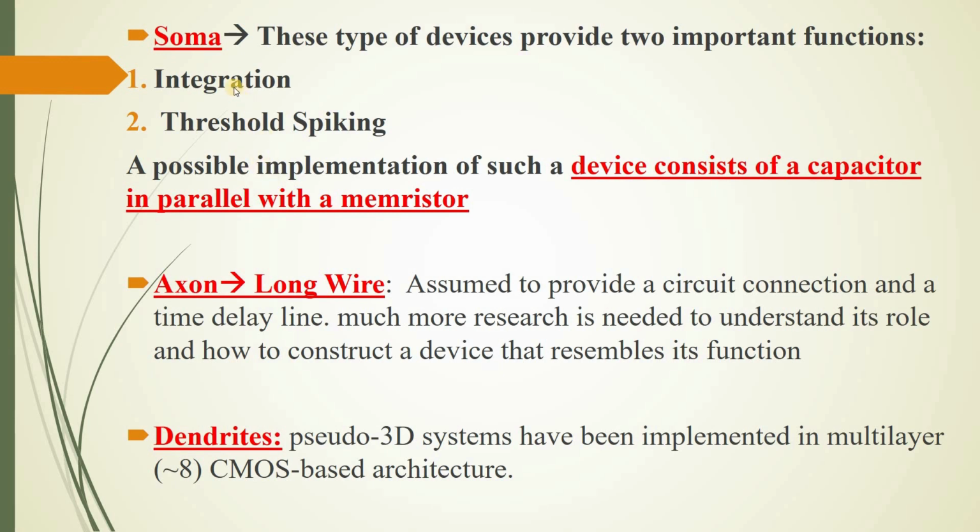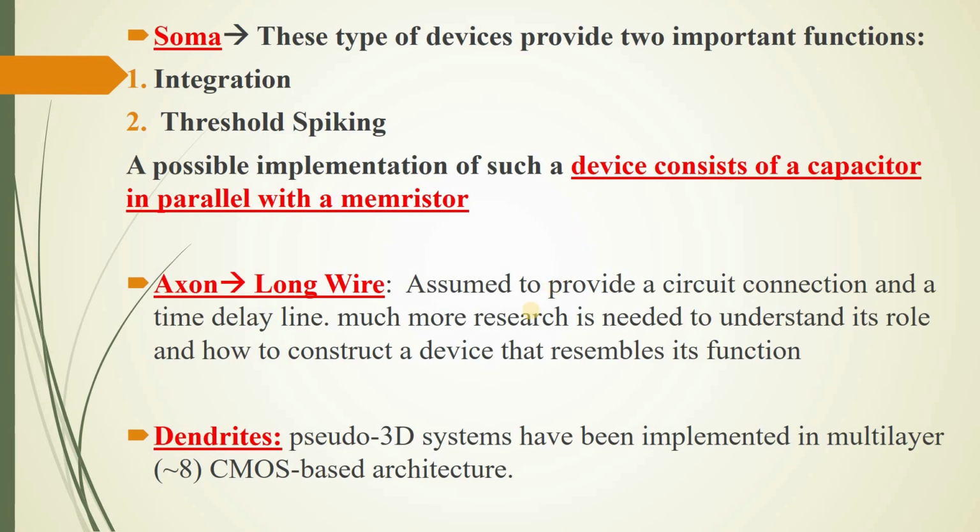If you wanted to make this type of function, we can construct one device which consists of a capacitor in parallel with the memristor. That means if the capacitor is connected in parallel with the memristor, we can get the functionality of the soma.